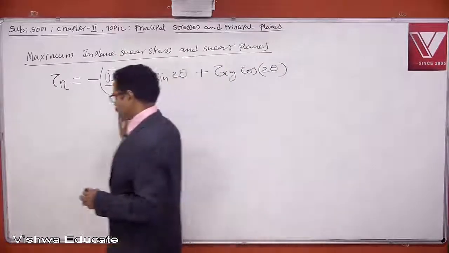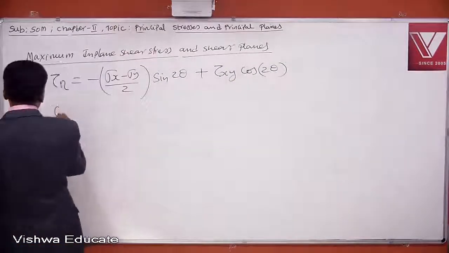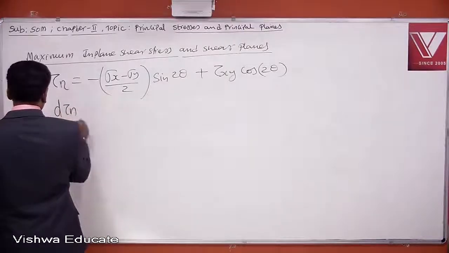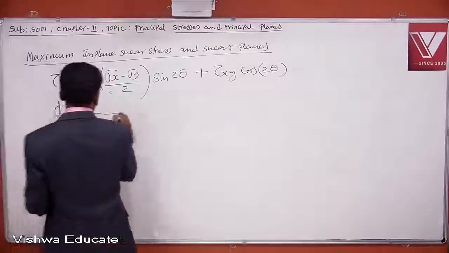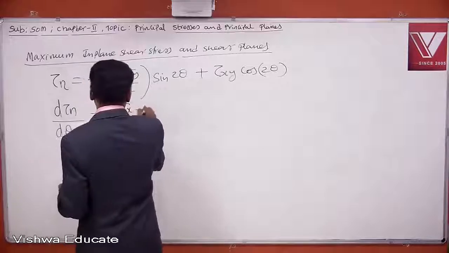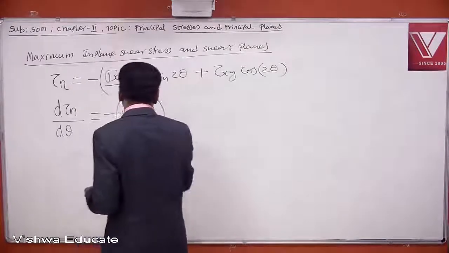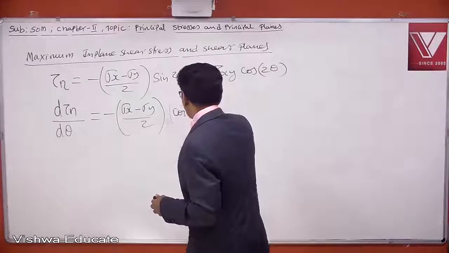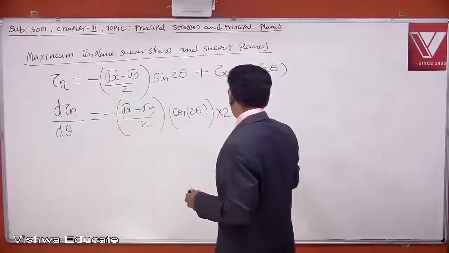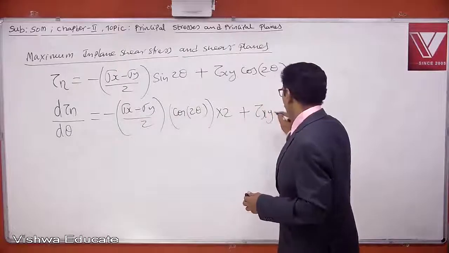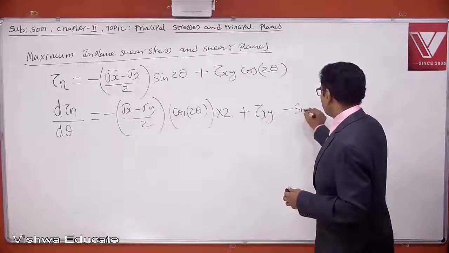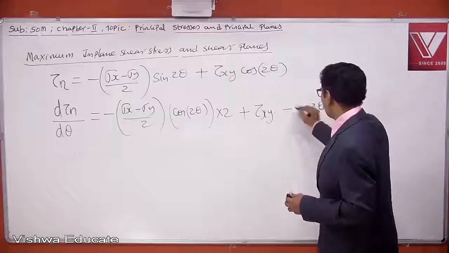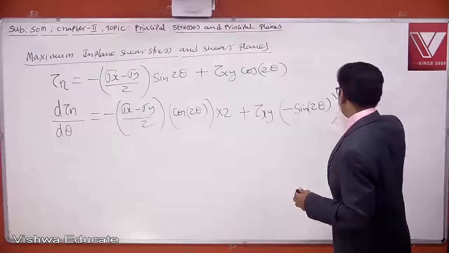So to find the maximum value of tau n, I have to differentiate. d tau n by d theta is equal to sigma x minus sigma y by 2, the differential of sin 2 theta is cos 2 theta, and the differential of 2 theta is 2, plus tau xy into the differential of cos 2 theta, which is minus sin 2 theta, and the differential of 2 theta is 2.